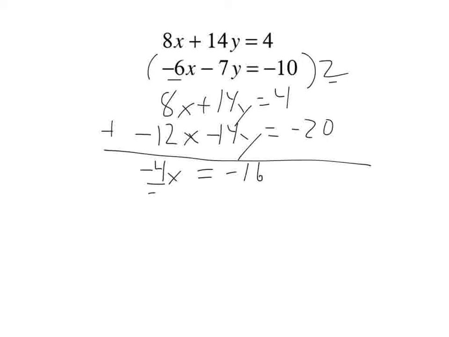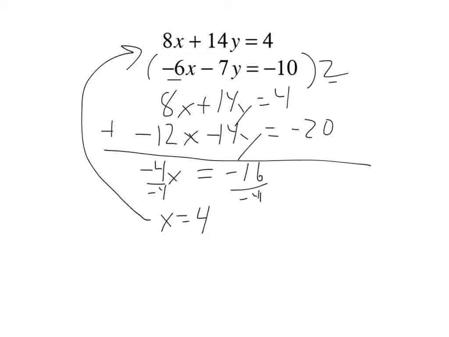I solve my equation. Divided by negative 4. So x is going to equal negative 16 divided by negative 4, which is a positive 4. Then, just like the last time, I'm going to take that and plug it into either of those first equations.